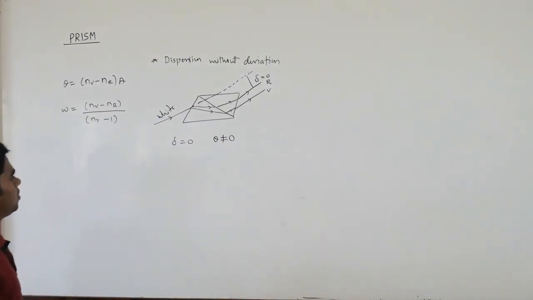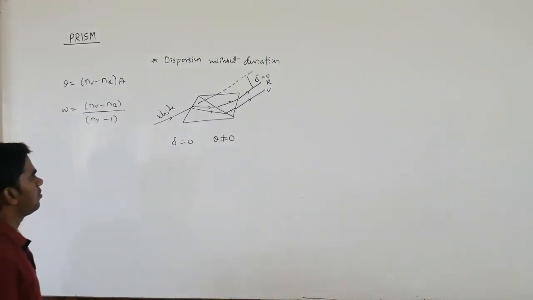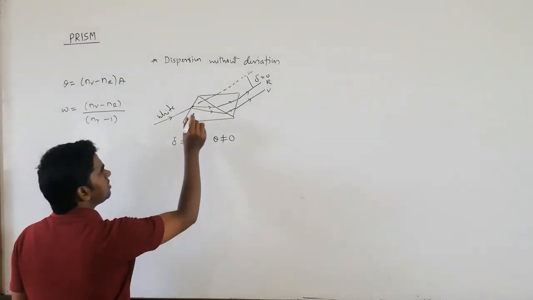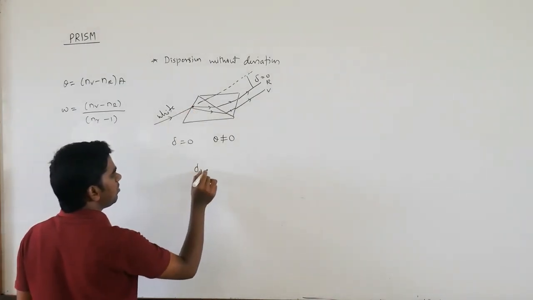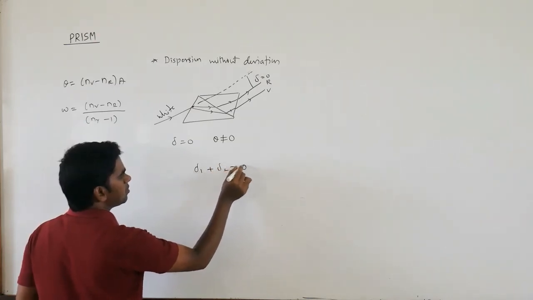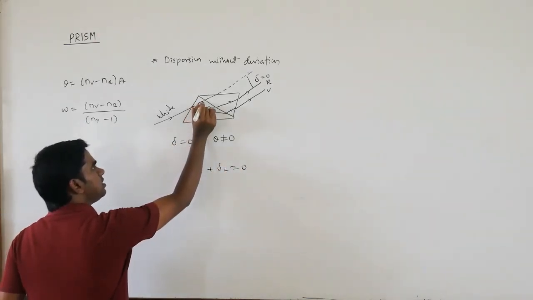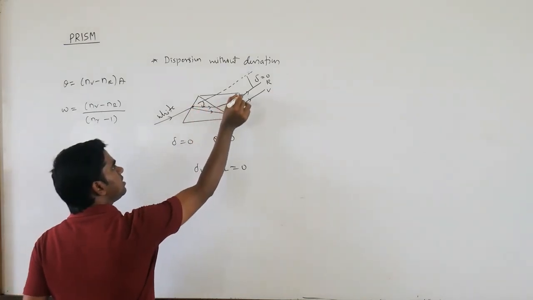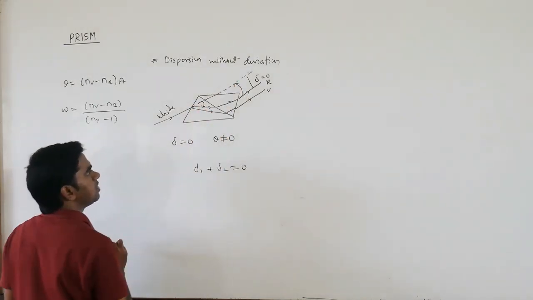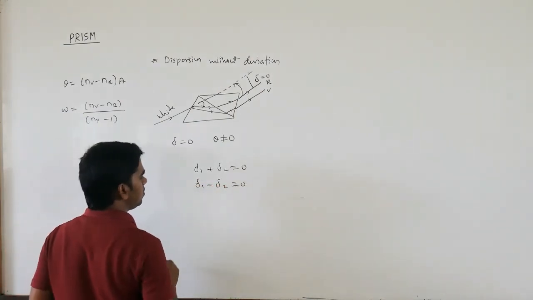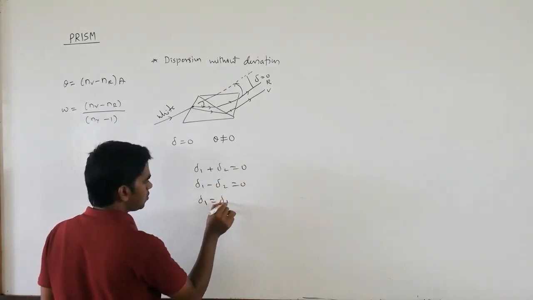So how can we derive the condition for this one? Deviation happens here, that is delta 1, plus delta 2 equals 0. But here deviation is in the clockwise direction, here deviation is in the anti-clockwise direction. So I can write delta 1 minus delta 2 equals 0, or delta 1 equals delta 2.